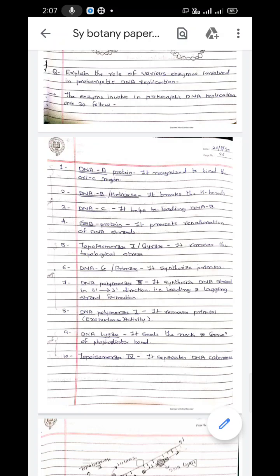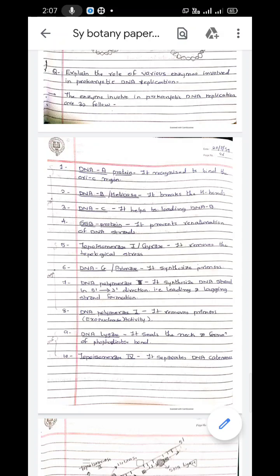So to avoid this situation, these SSB proteins help to prevent this renaturation or recoiling of the DNA strands.